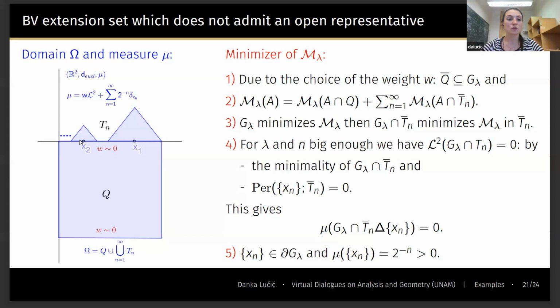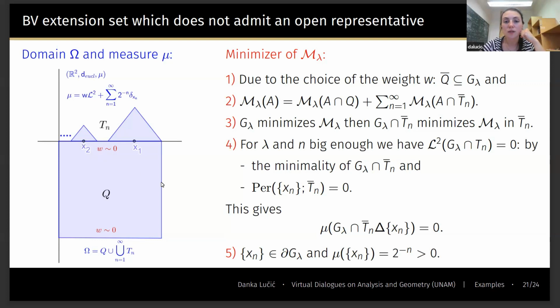And so now, in order to show that a minimizer does not have an open representative, the idea is that you have to show that it has a boundary whose measure is positive. So how do you do this? As I already said, the minimizer will contain these common parts.